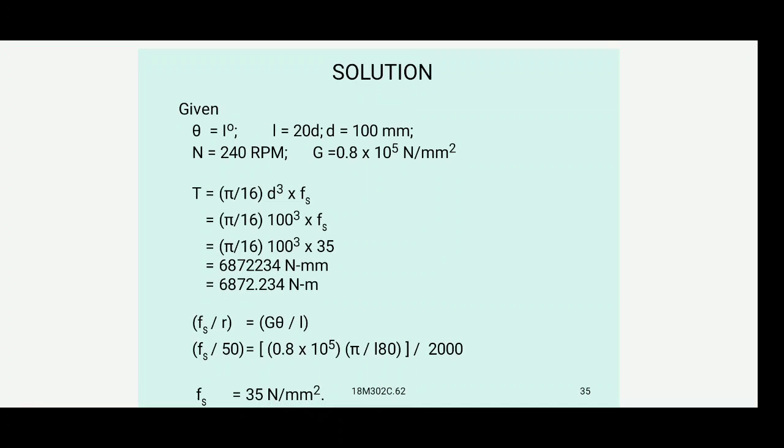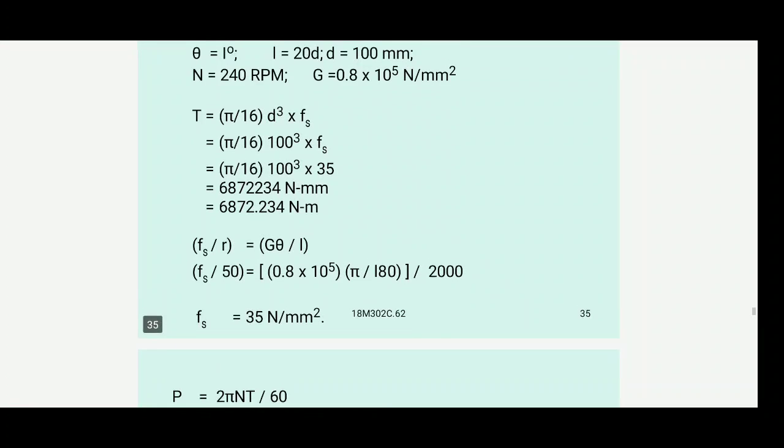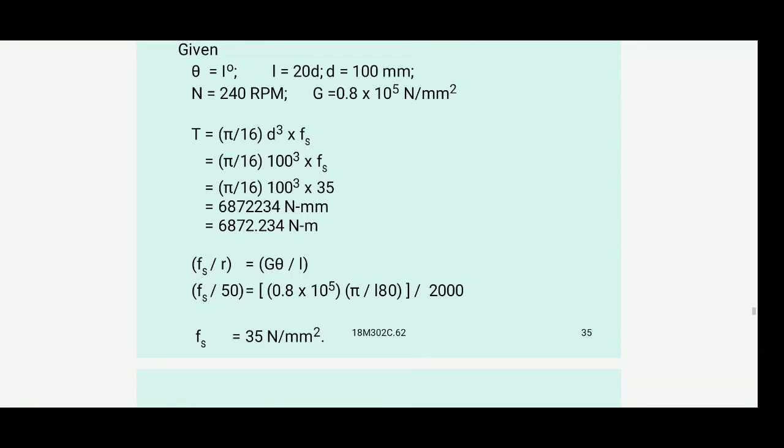Fs by R is equal to G theta by L. Fs by 50 is equal to 0.8 into 10 to the power 5 into pi by 180 by 200, that is Fs is equal to 35 Newton per mm square.